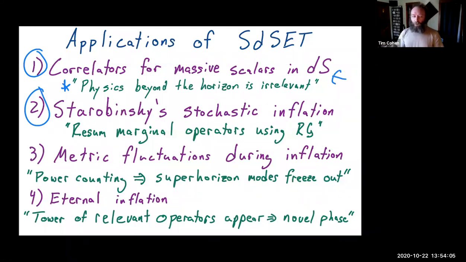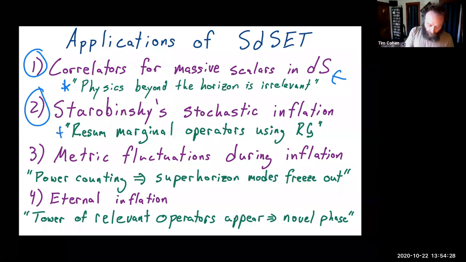Because the power counting depends on the mass, the power counting changes. And we go from all possible interactions being irrelevant to some of them being marginal. In fact, in the exactly massless limit, there's an infinite tower of marginal operators that you now have to resum using RG because they can mix. They all have the same operator dimension. And so it's that RG equation that is Starobinsky's stochastic inflation, okay?